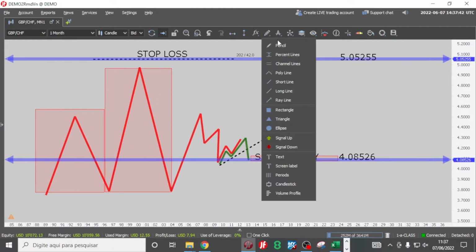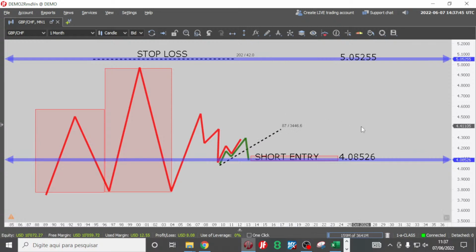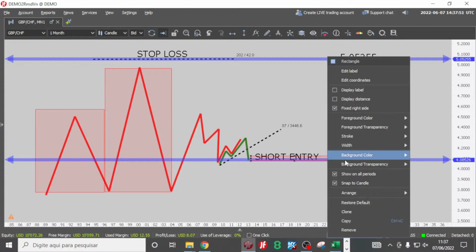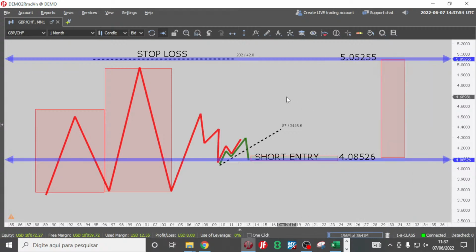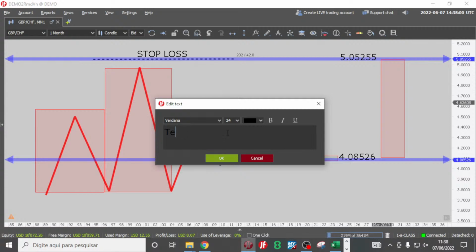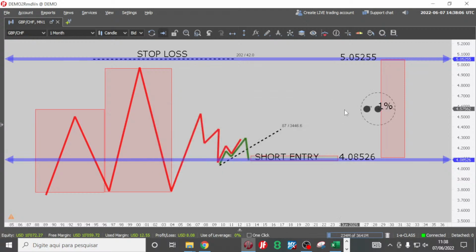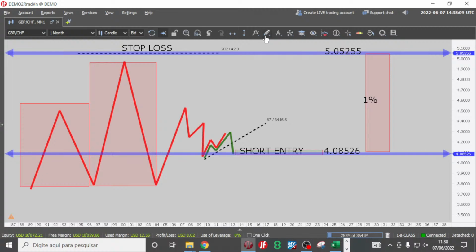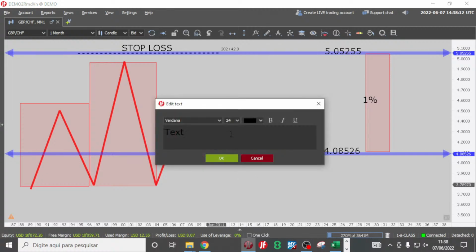Okay, now for this exercise, let's say that me and Dancy, from the entry to the stop loss, are risking 1%. Okay, everybody, 1%. Now if you have $1,000, just an example, 1,000 euros or dollars, how much is 1%? 1% is 10, right?